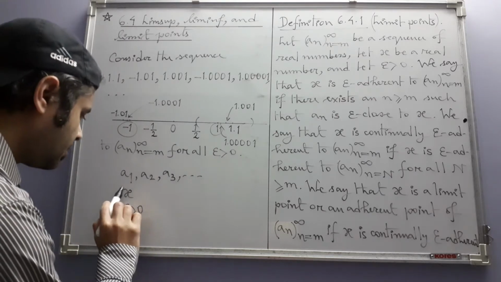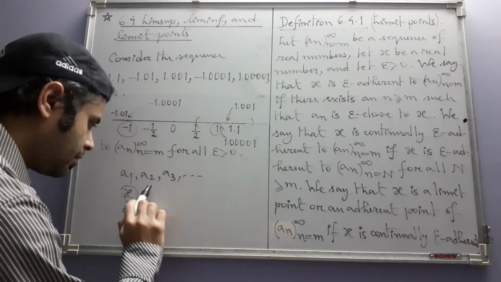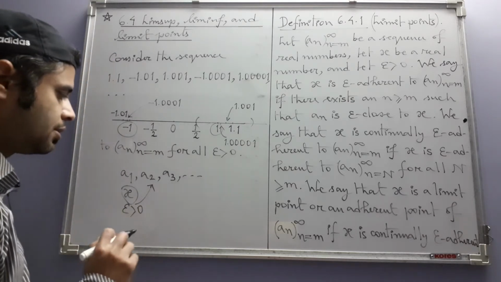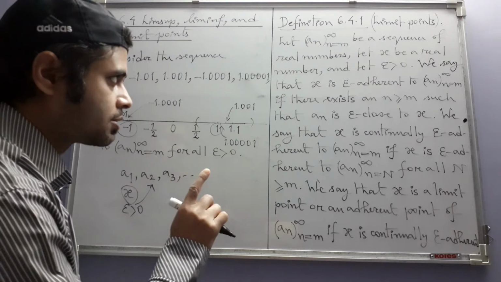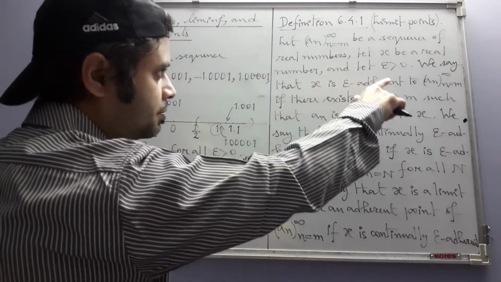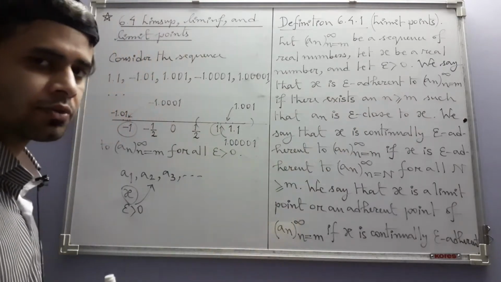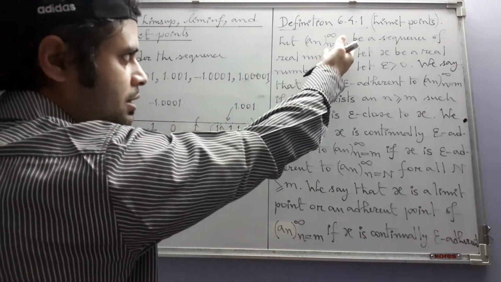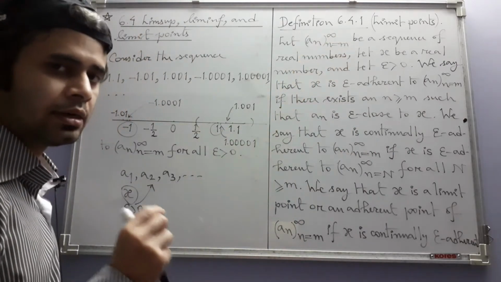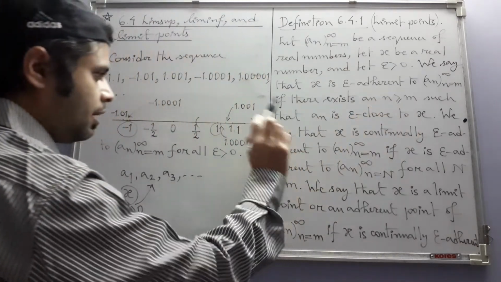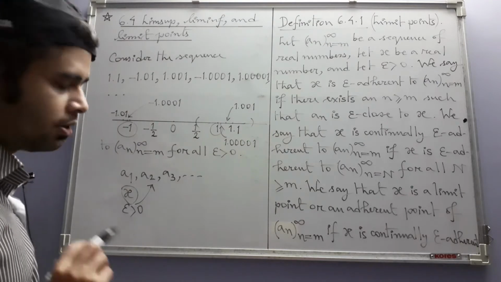We say that x is epsilon adherent to this sequence if there exists some index n, of course greater than or equal to m, because m here is the index from where things start, such that an is epsilon close to x.